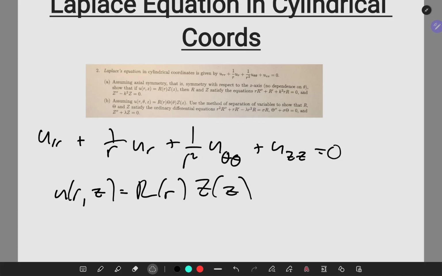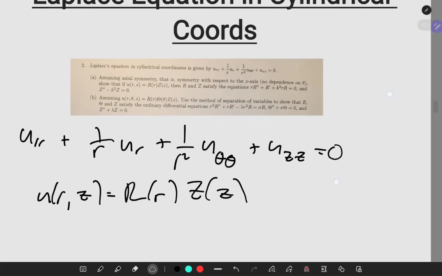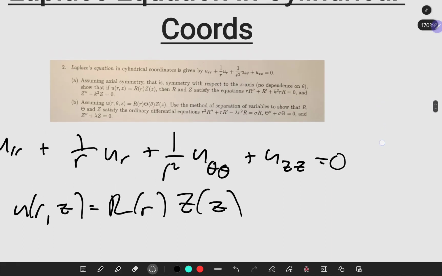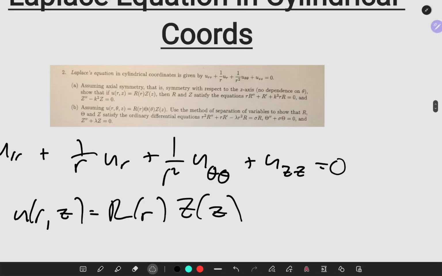Now, I want to point out that it appears that our separation constant is negative lambda squared for part A. It doesn't matter what you set it equal to for now.